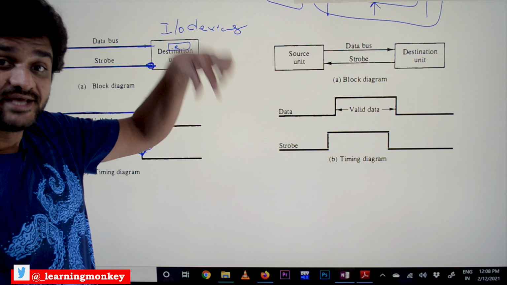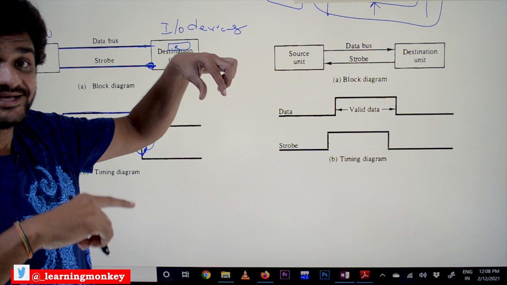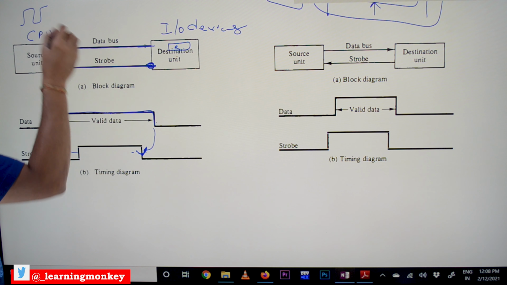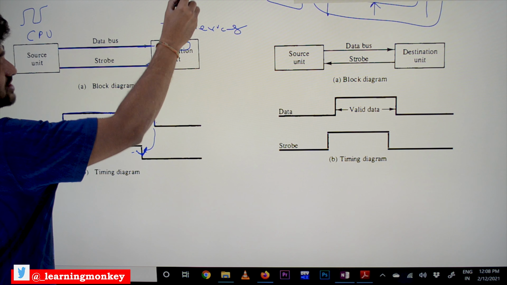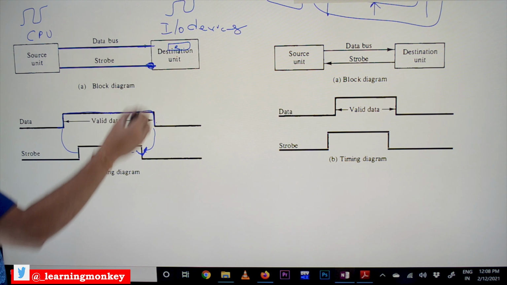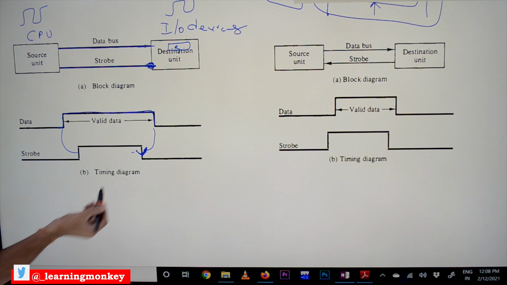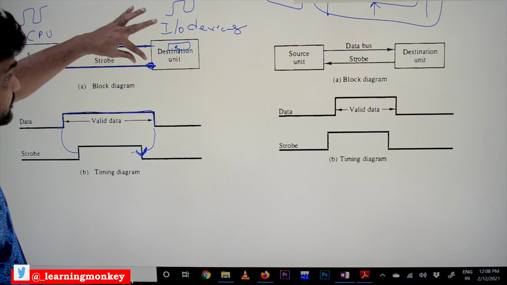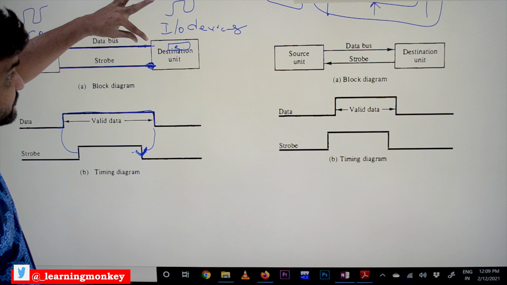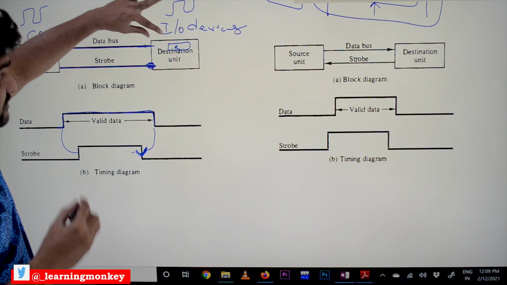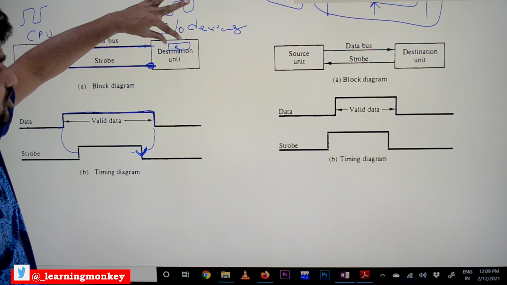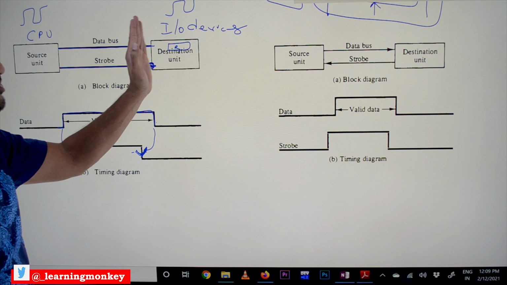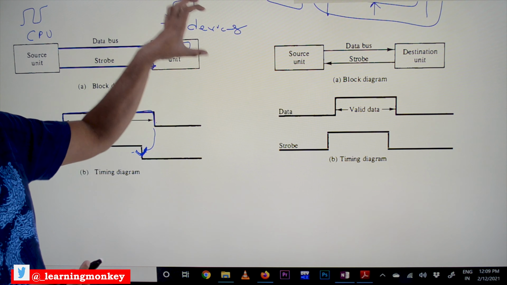So the clock will be under synchronization. The clock speed at which the CPU is running is the same clock used in the IO devices. From where the strobe signal has been generated to where the falling edge of the strobe signal has been received by the destination, that data will be synchronized with the clock speed of the IO devices, and only that data will get stored onto the registers of the IO devices.